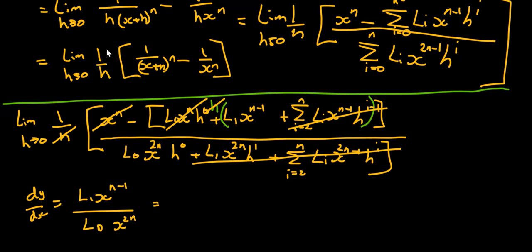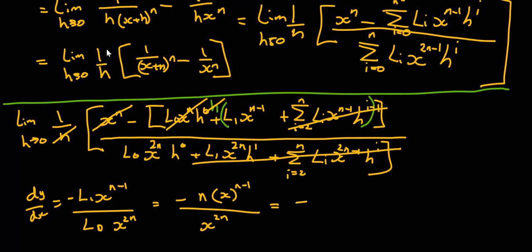Well, minus from here, so we know that nC1 is n, so we get negative n x to the n minus 1 all over x to the 2n.